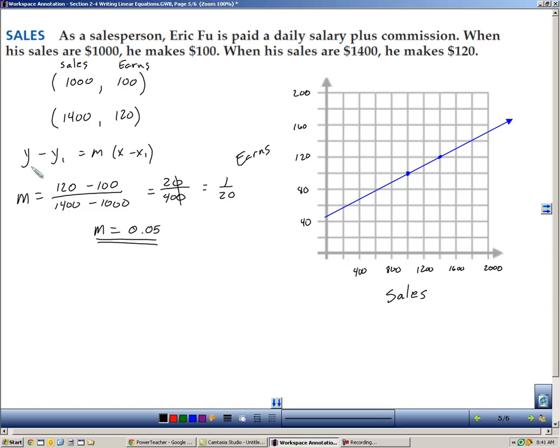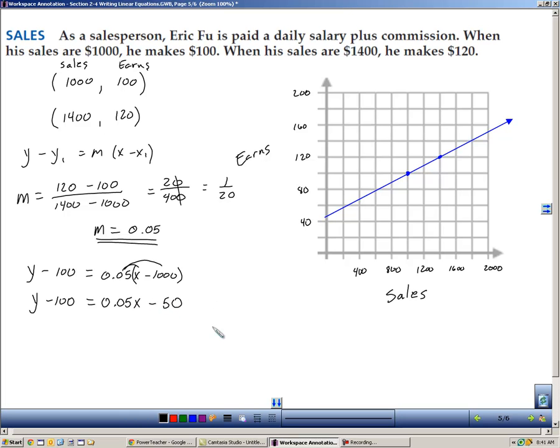Now I'm going to plug that into the point-slope formula. y minus, I'll use the first one, 100 equals 0.05 times parentheses x minus 1,000. Now we'll simplify this. y minus 100, and I'll distribute the 0.05, so 0.05x minus 50.